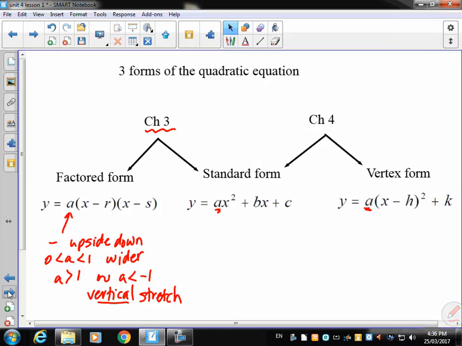In factored form, our two values for R and S tell us our x-intercepts. We would write those as points.